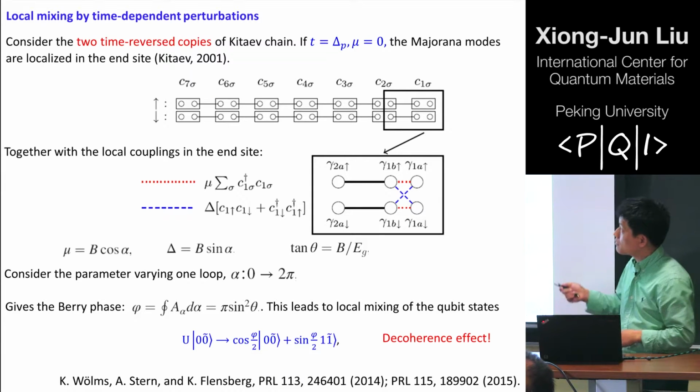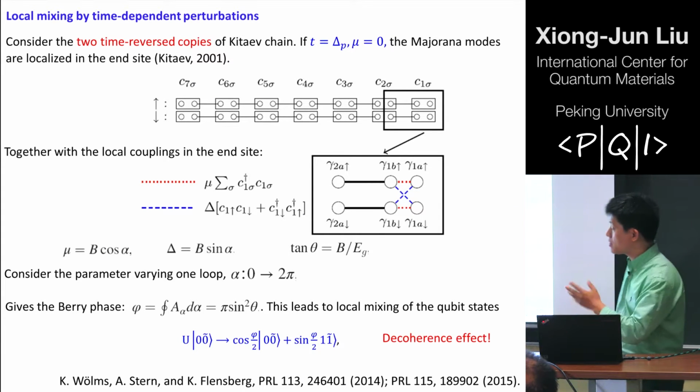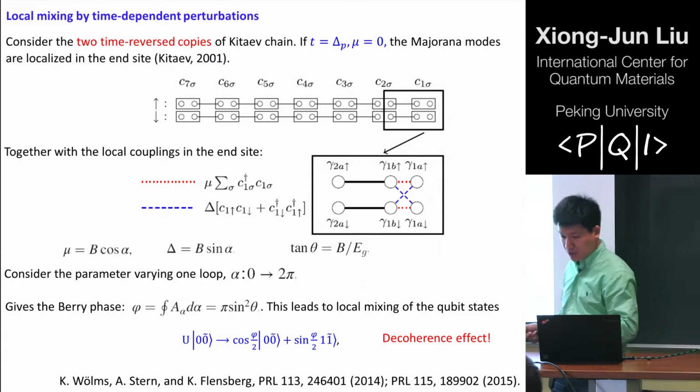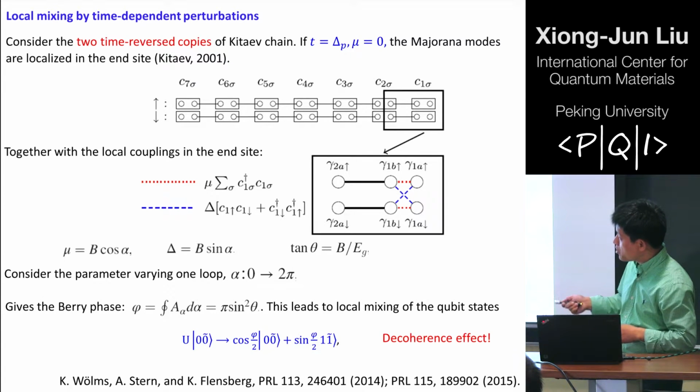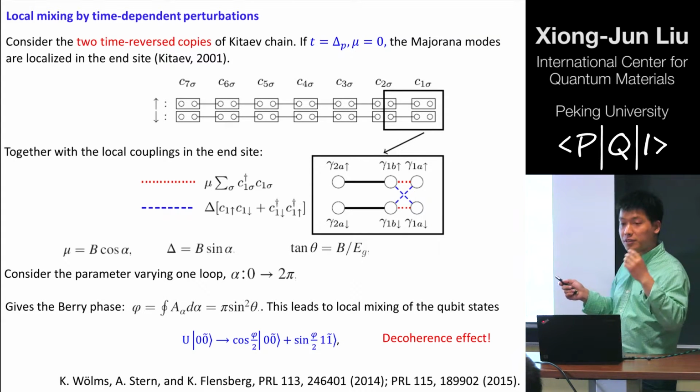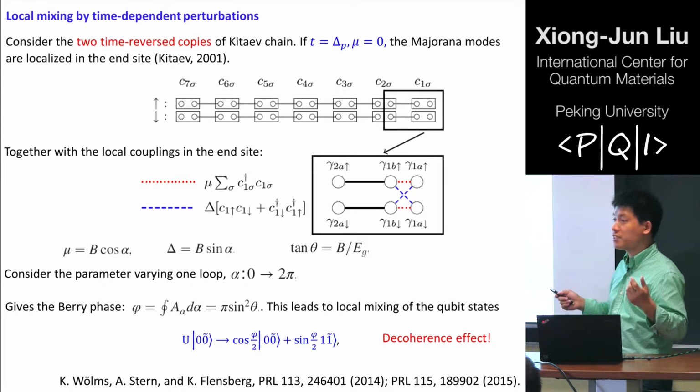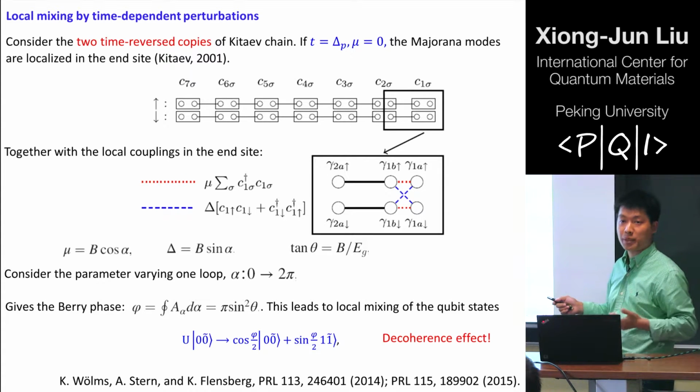So actually, there are some recent studies. Actually, our work generated a number of discussions. So these authors discuss a situation where they consider the system, and they preserve time-reversal symmetry at each time, but they consider time-dependent perturbation.